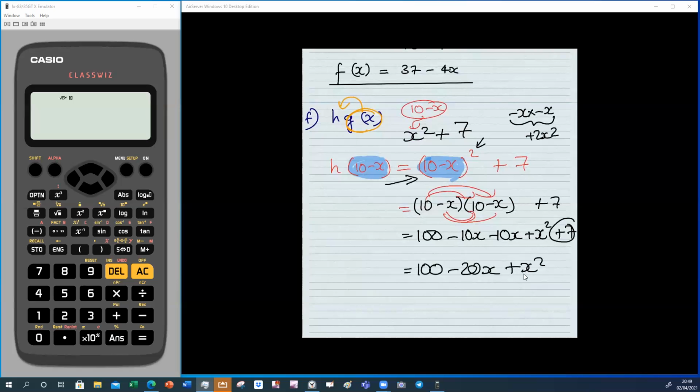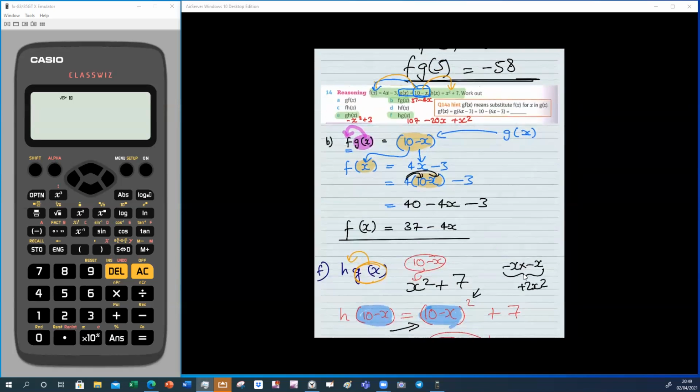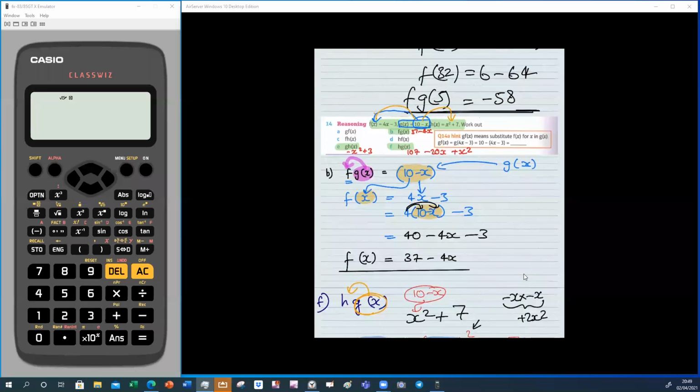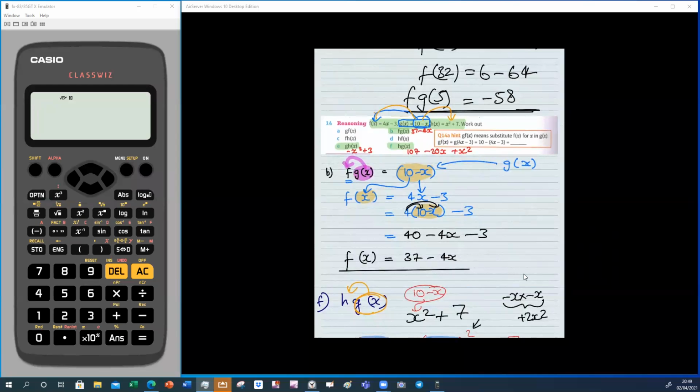Because aren't you supposed to simplify like terms? 107 minus 20x plus x squared. And that will give you what? HG. Okay, let's just check. Does it match? Yeah, it matches exactly. Okay, so we're going to get better with these the more we practice. Okay, lovely, folks. That's excellent.